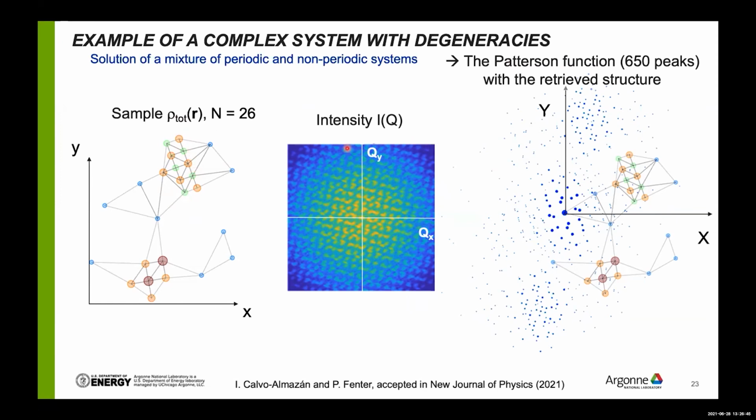And so this is the corresponding diffracted intensity, and the algorithm is capable of retrieving, from the 650 peaks of the Patterson function, one out of the 26 copies of which the Patterson function consists. And as you see, the algorithm not only retrieves the position of the atoms, but also the scattering factors, so the identity of the atoms.